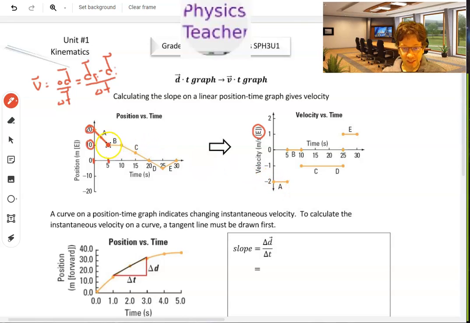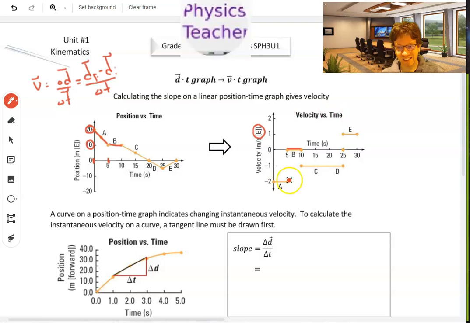Over here at B, we're not moving, and so your velocity should be right here at 0. And then again, similarly, you have a negative slope, negative velocity. For an instant in time, you're not moving. And then once again, now we have a positive slope, so positive velocity.